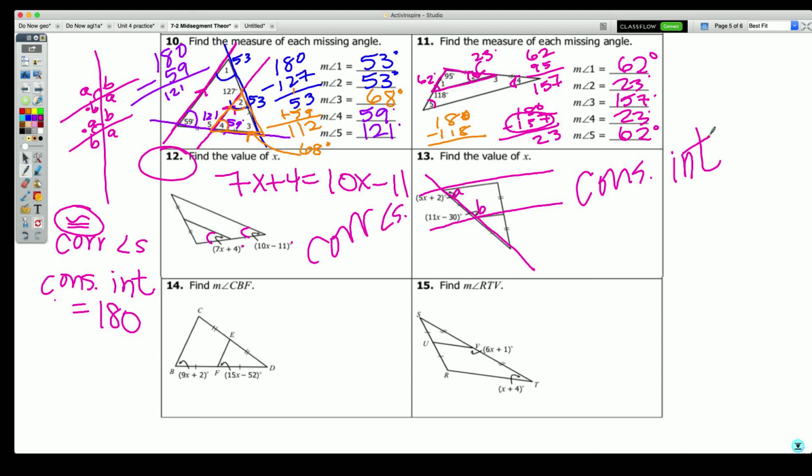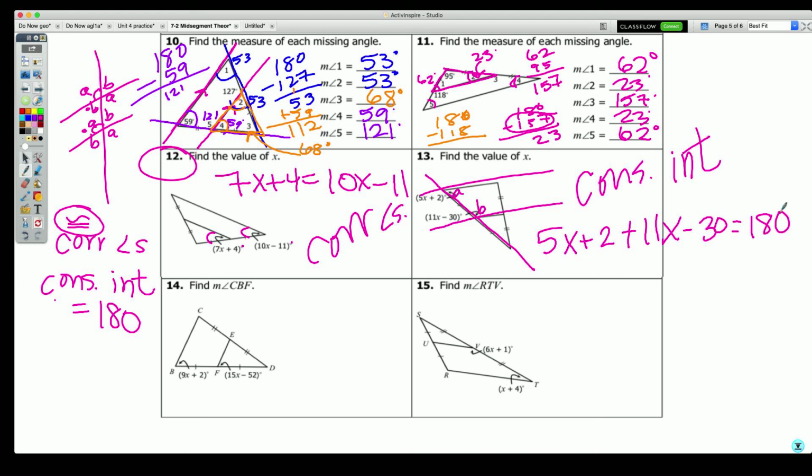Good, I just wanted to see that you could solve that. Good, so just pay attention to whether we add them together or whether they're equal to each other.